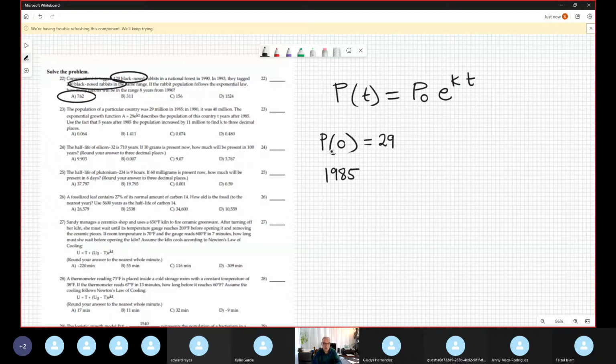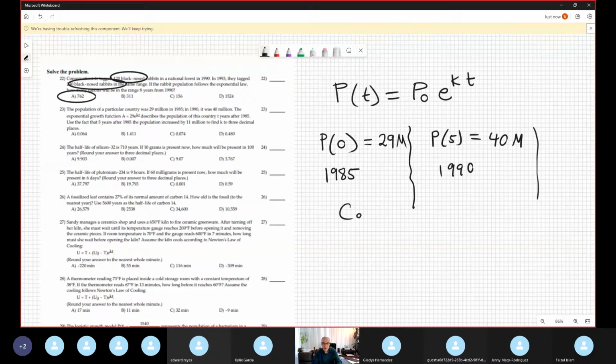I suppose that this unit, 29, is in millions. Now in 1990, it is 40. Actually 5 years later, no? 40, wow, too fast. Increasing. This is million. This is million.